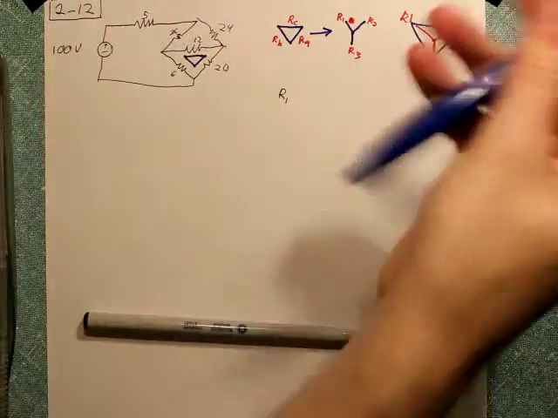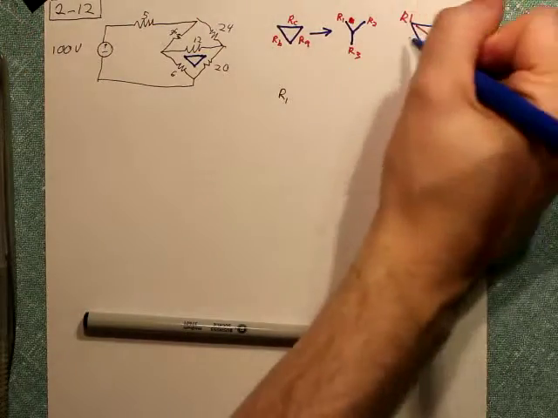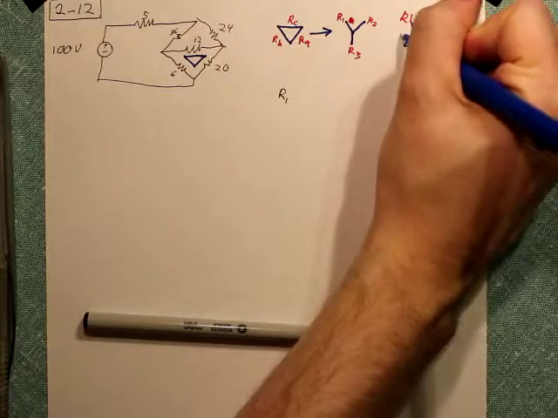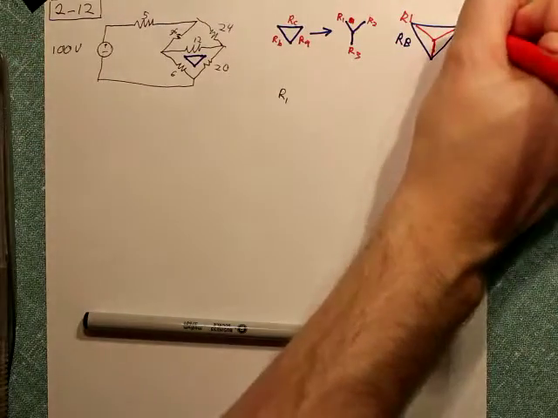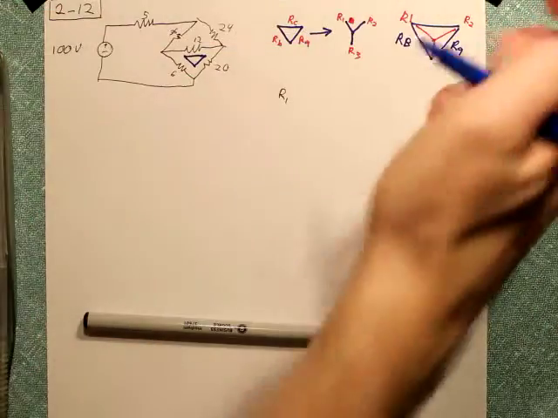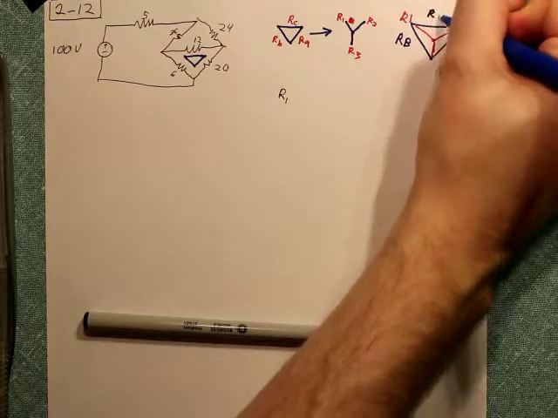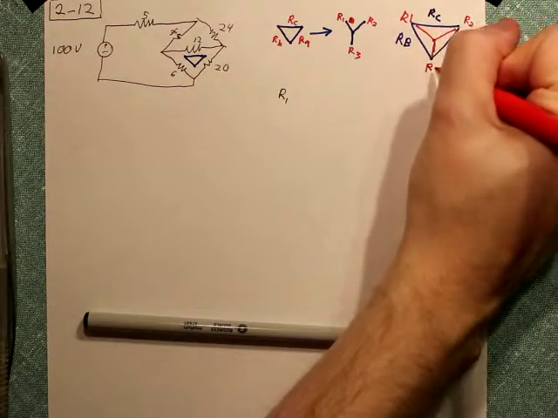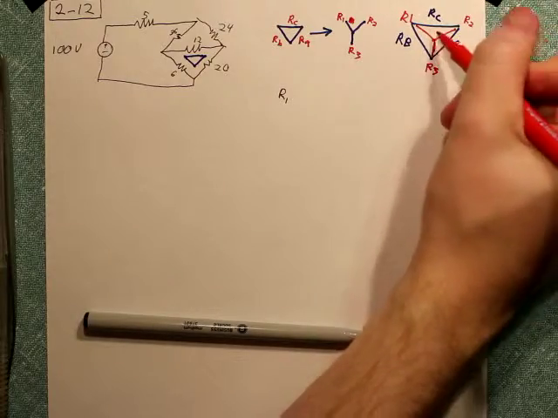Same with RB on this side, that's going to be our R2 on this one. And then on our third side, we've got RC up there, and that's going to be R3 on our Y circuit.